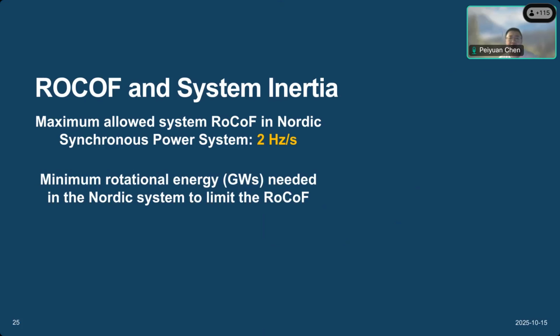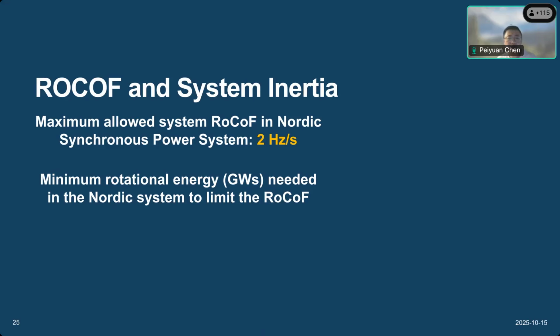So we do not really need a huge amount of rotational energy in the system to be able to limit it to 2 Hertz per second. And considering also that we have so much hydro in the system, and the existing nuclear will also remain to the 2050 scenario, we are pretty safe in terms of rate-of-change requirements.